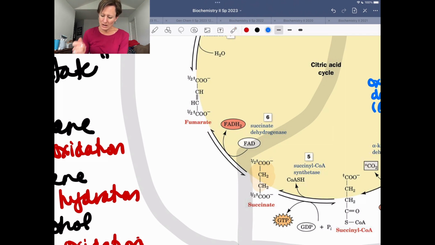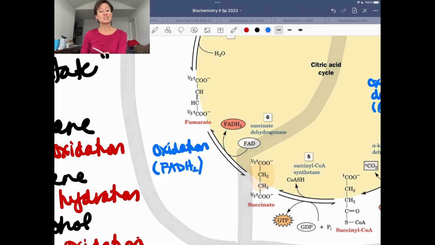Okay, highlighting what happens with succinate dehydrogenase, this is oxidation. I'm going to highlight that when we do this alkane-alkene type oxidation, this is a time where we often see FADH2. I should say it's really FAD.